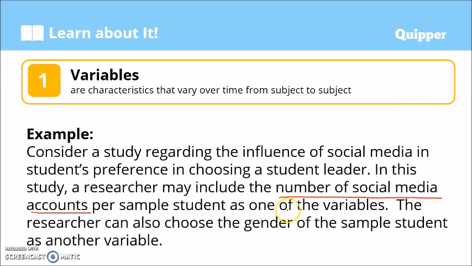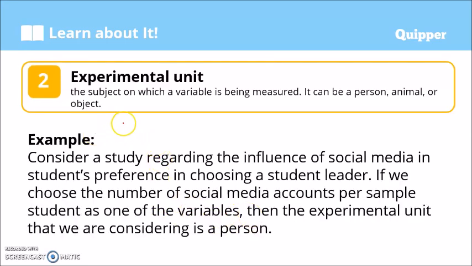Okay? That's an example of a variable. The number of social media accounts. The researcher can also choose the gender of the sample student as another variable because it differs. It may have female or male, right? So it changes.